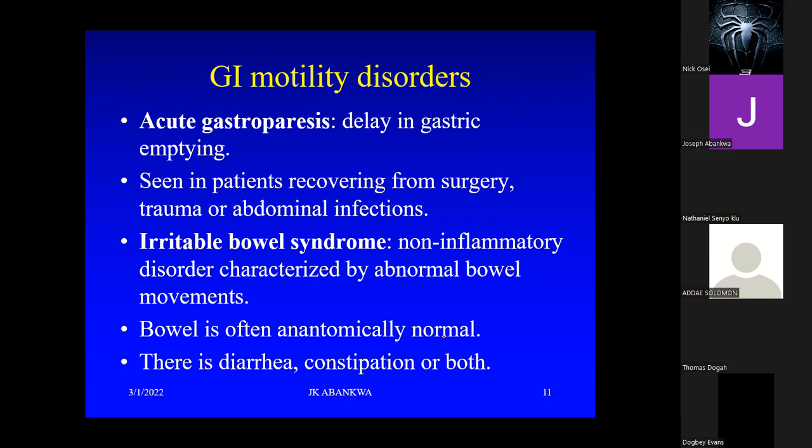It is a non-inflammatory disorder characterized by abnormal bowel movement. So here the bowel is often anatomically normal. However, it is accompanied by diarrhea, constipation, or you have both occurring at the same time.